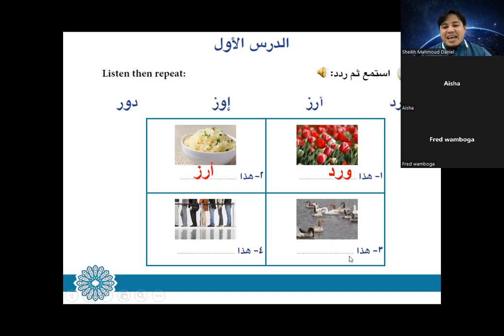Number 3. Hadha iwazun. Say it again, please. Hadha iwazun. Because the first word I heard from you, iwaz, so there is no prolongation, okay? You're correct.